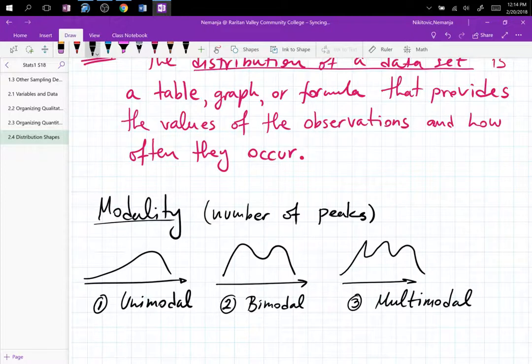So you observe the number of peaks, and we'll see the example. Uno, dos, multi, many. So 3 or more.